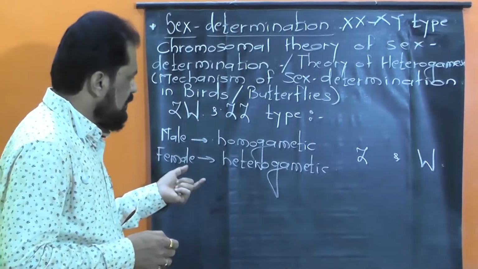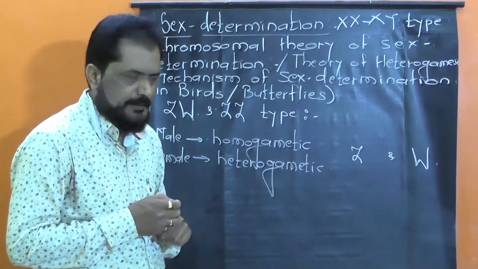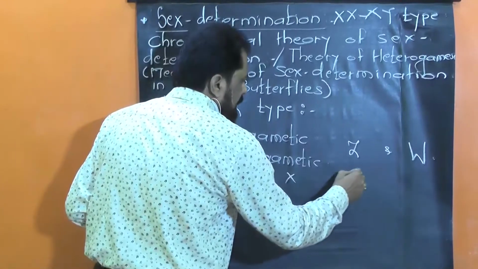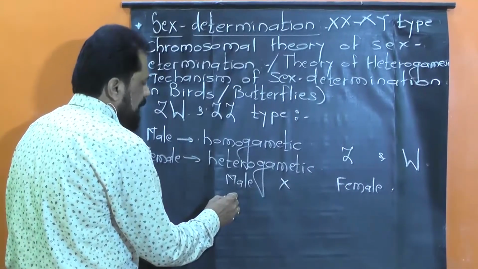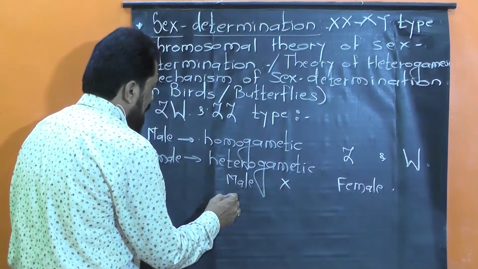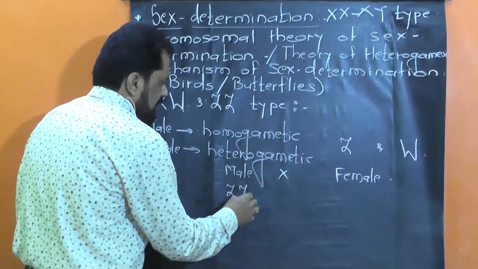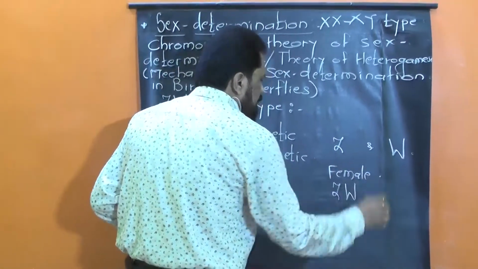Now let us represent the actual mechanism diagrammatically. Consider the male individual and female individual. The sex chromosomes in the male individual, in male birds, are represented as ZZ and that of the female as ZW.